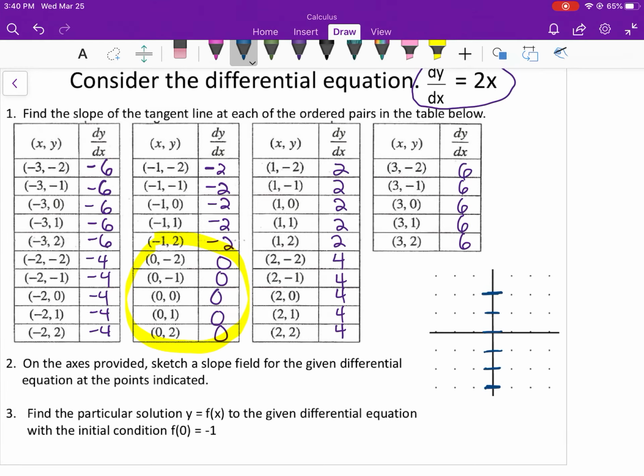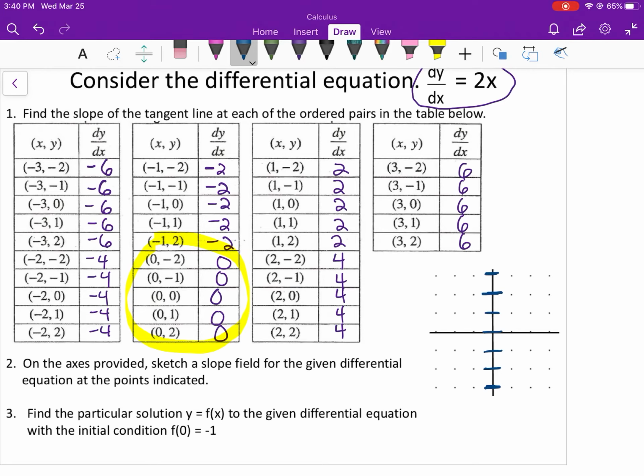I could even go ahead and do my 3's, so that those all represent a slope of 0. Then I'm going to keep going to the right and do all my slopes of 2. Now a slope of 2 is going to be steep, but not as steep as a slope of 4. And they're all the same slope there in that vertical line, x equals 1.